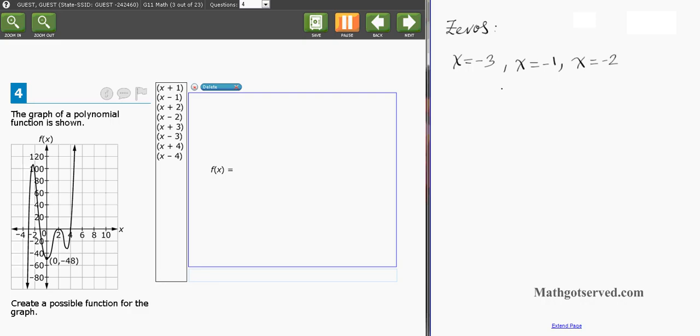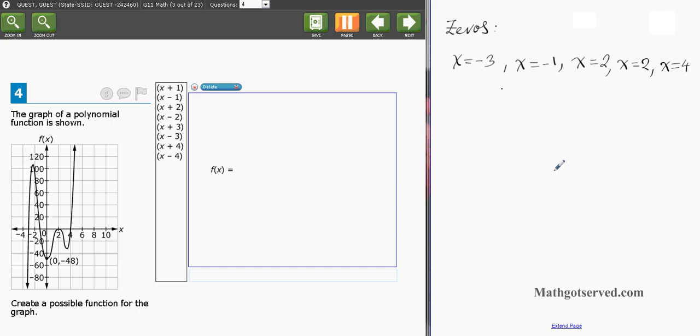And lastly, actually it's +2. +2 is a double root, so let's put it twice, x equals 2, and then x equals 2. And then lastly, we have x equals +4.